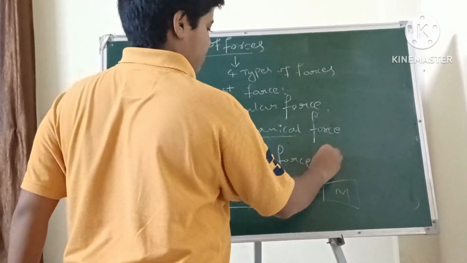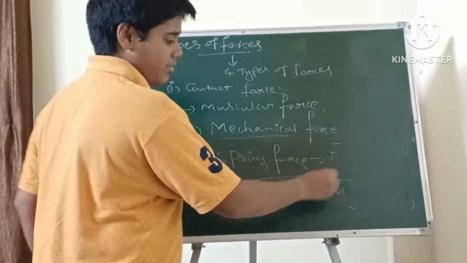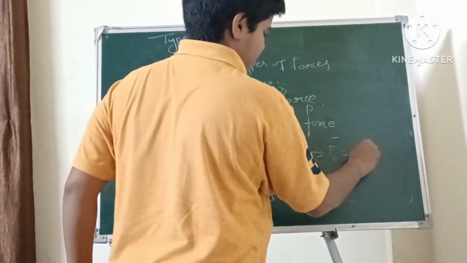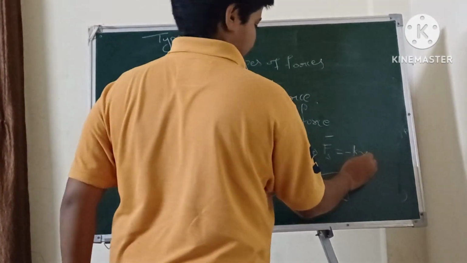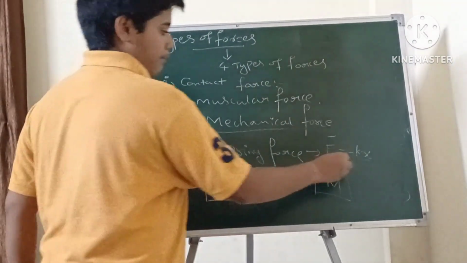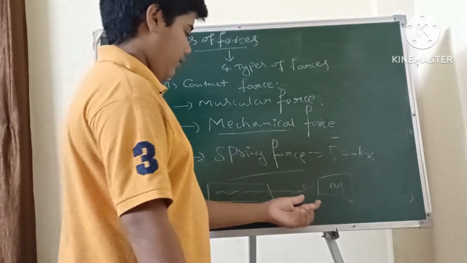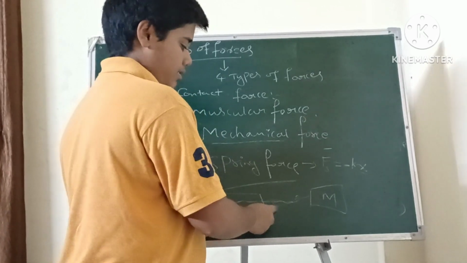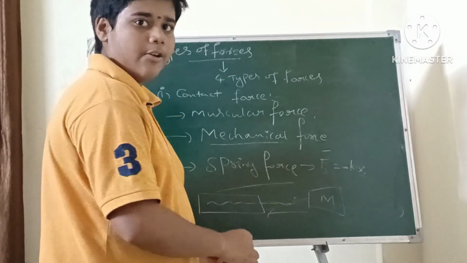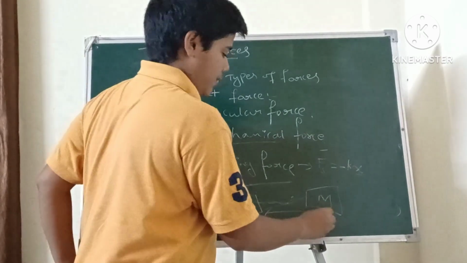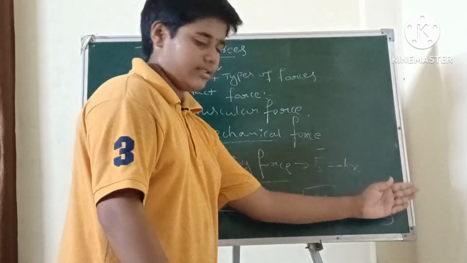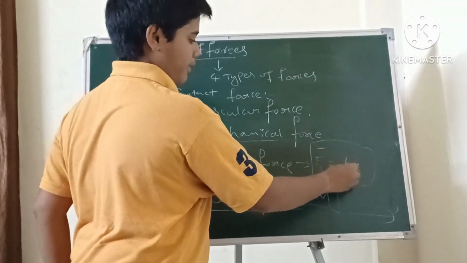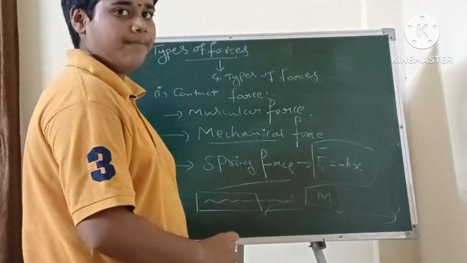So here the formula of spring force is force of spring is equals to minus kx. Here x means displacement. Here minus is because it compressed. When it compresses, it displaces some distance to this side. When it is elongated, it displaces some distance through this side. So the formula is force of spring is equals to minus of kx. Okay.